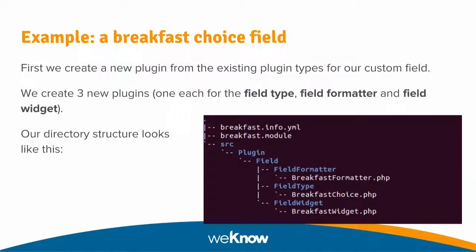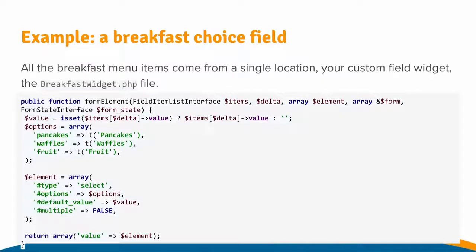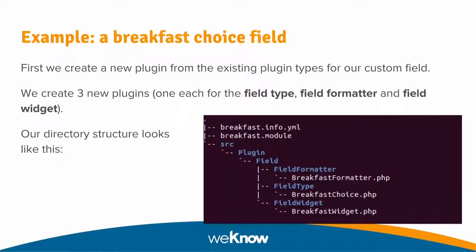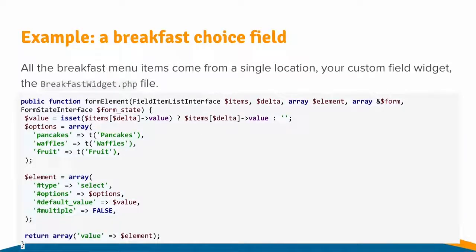The formatter is going to do some transformations to it, and the widget is going to control the display, and any other user input that could affect the output of that. So we get this out of the box, and all the options are going to come from the custom field widget. It's going to be under the breakfast widget, which is located here, for the field widget.